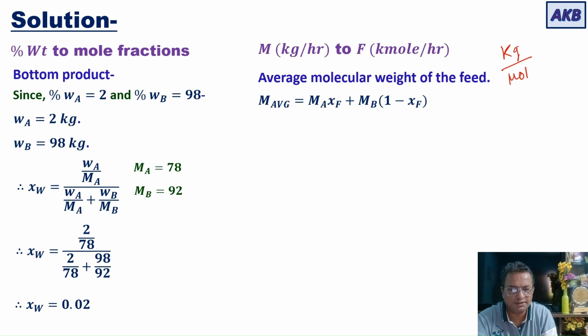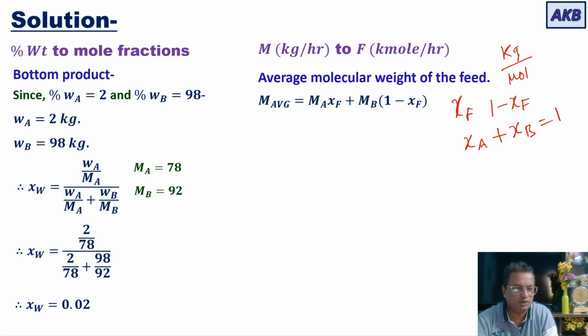Why 1 minus XF? You need to understand. There are only two components. You have XF, that is the mole fraction of A in the feed. If XF is the mole fraction of A in the feed, what would be the mole fraction of B in the feed? It will be simply 1 minus XF. Because the mole fraction of A, XA, and the mole fraction of B, XB, add up to 1.